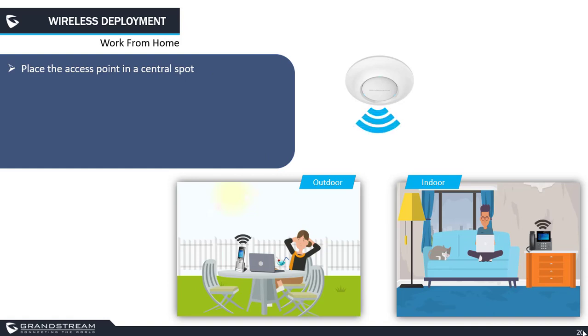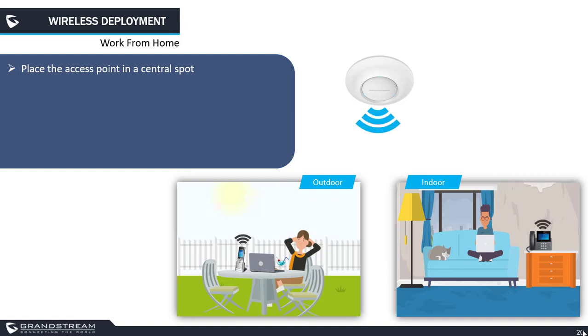With the prevalence of working from home these days, there are some best practices that users should take into consideration so that working from home can become a pleasant experience and not experience any issues. The most important thing is to place the access point in a central spot, so when you roam around your house, you can always have a signal.